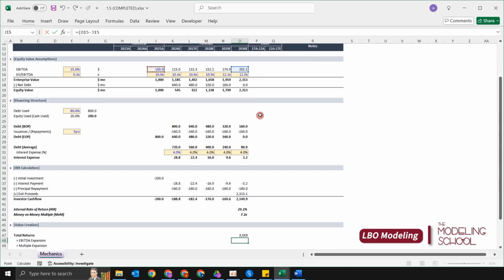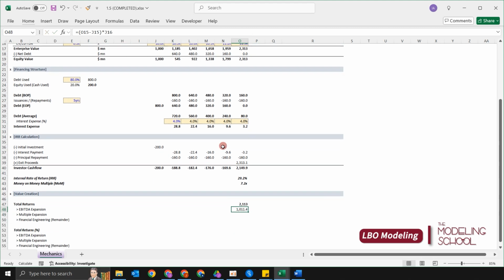So this is going to be the EBITDA difference, how much EBITDA has grown, times the initial EV/EBITDA multiple. So it shows how much enterprise value was affected by EBITDA expansion, and you can see that almost half of it came from EBITDA expansion.